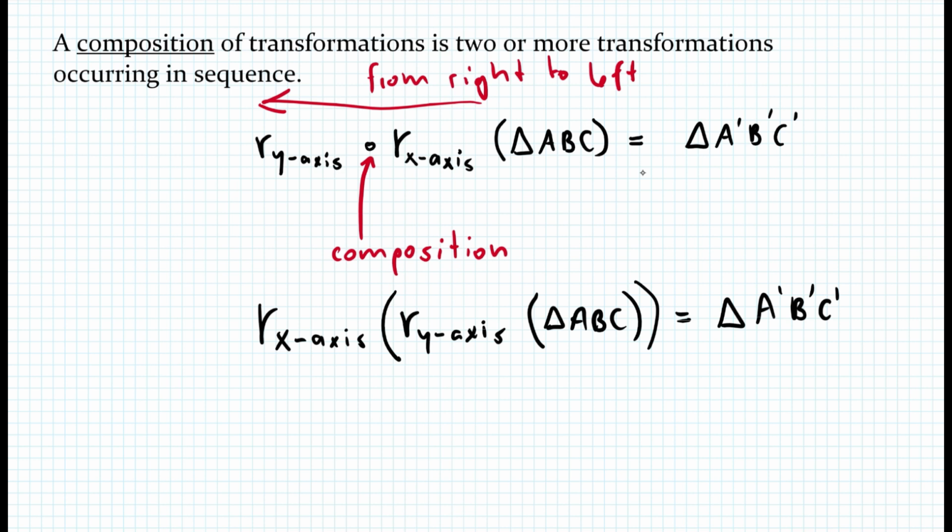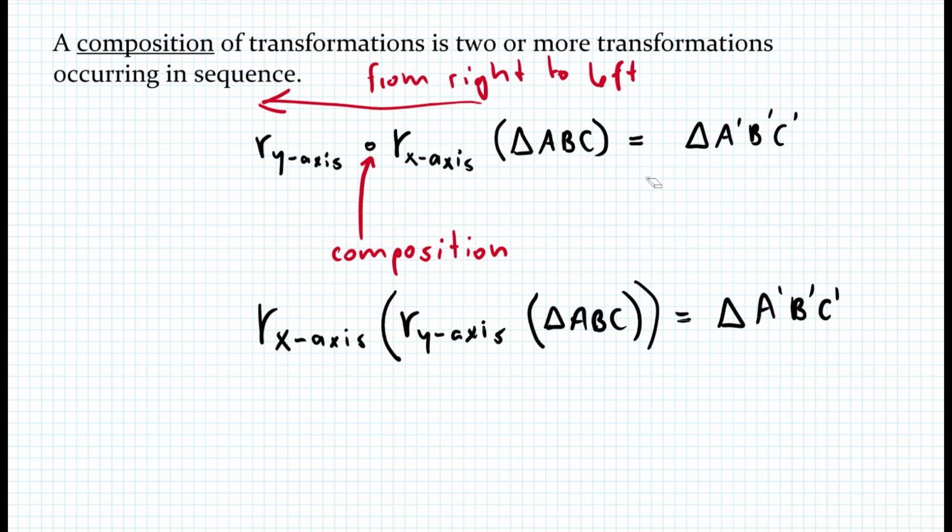It's kind of like saying, okay, we have a reflection over the x-axis of the reflection over the y-axis of triangle ABC. So these are the two different notations. What I've seen the most on the Regents exam is the first type of notation, okay?